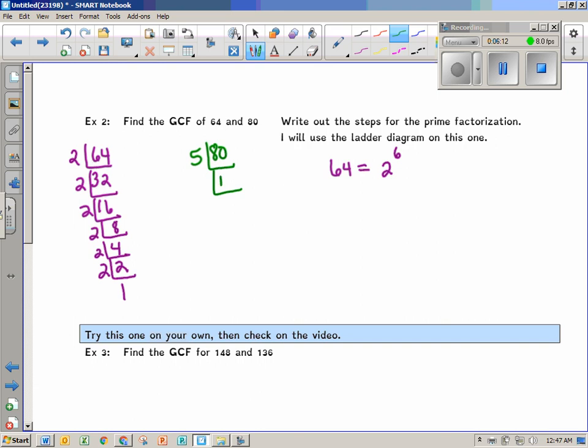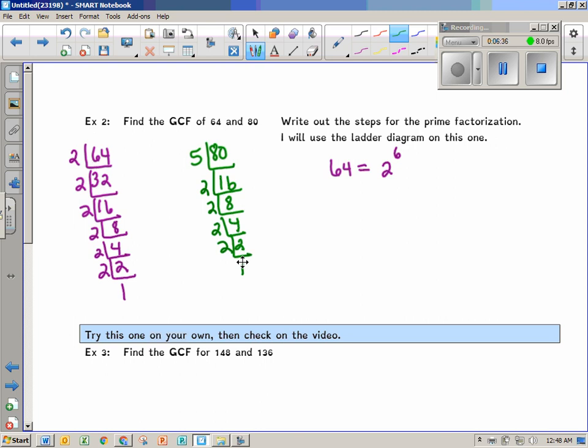And it actually goes 16 times. So for 16, I'll have to use a 2. That goes 8. And for 8, I'll have to use 2. For 4, I'll have to factor out 2. You have to go one more layer here until you get a 1.